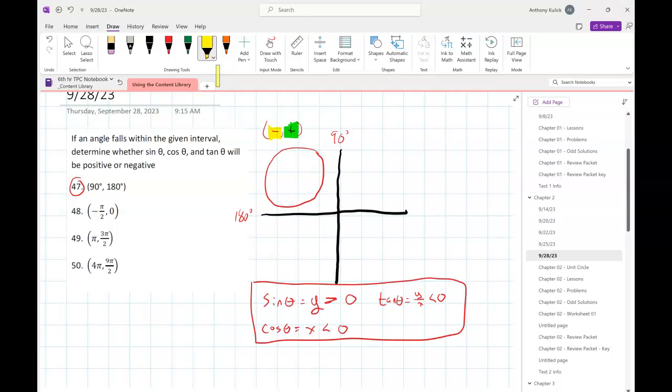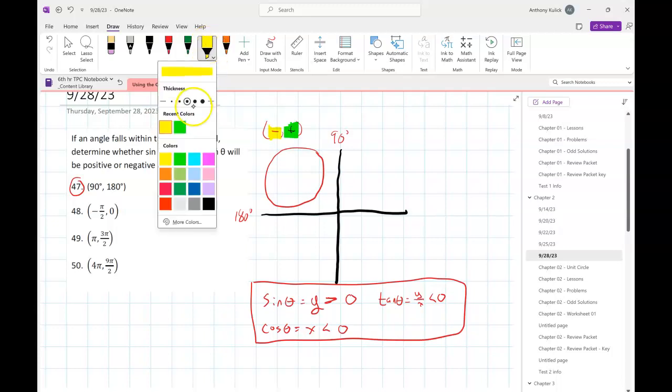It doesn't matter which y you're looking at. All the y's in that quadrant are positive. So I'm not going to find a number here. I'm just deciding positive or negative, purely on the basis of, in that quadrant, whether the x's are positive or negative, or the y's are positive or negative. That's it. Is that okay?